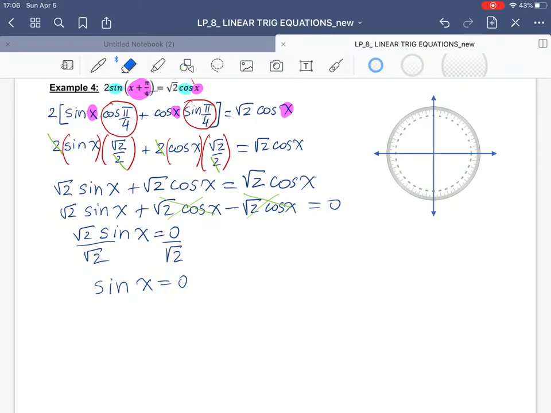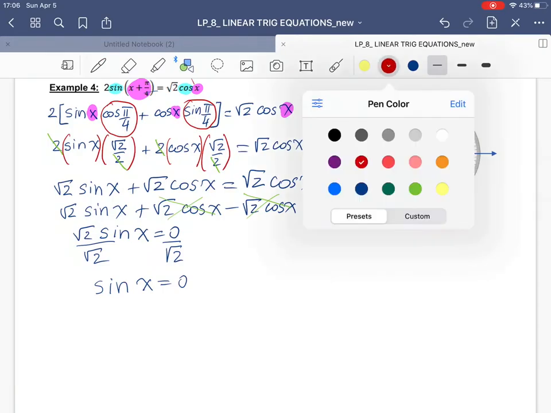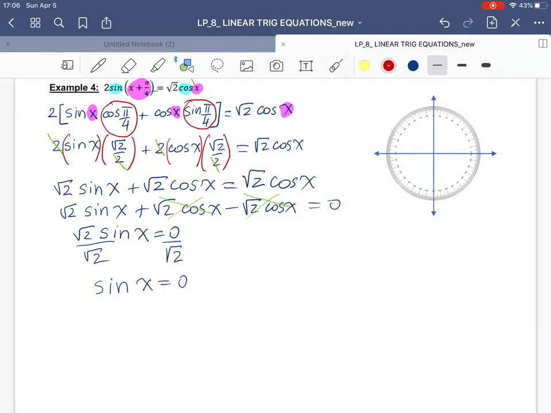The first angle is the angle 0, which has a sine of 0. Also, the angle 180 has a sine of 0. And not just this, but 360 or 2 pi will have a sine of 0.